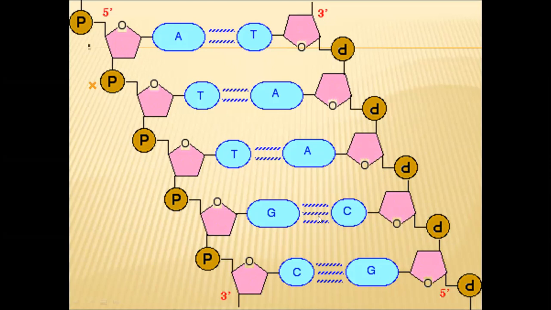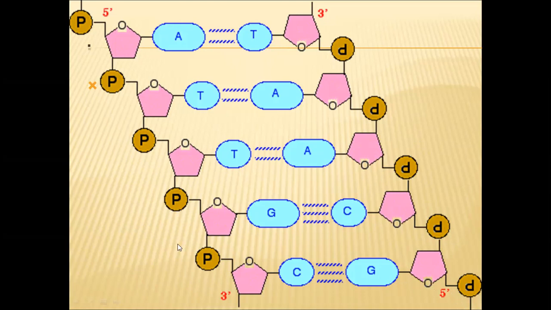By forming these hydrogen bonds, both polynucleotide chains will come together and spirally coil around each other. Here one polynucleotide chain has 5 to 3 direction, and the opposite polynucleotide chain will have 3 to 5 direction, or vice versa.